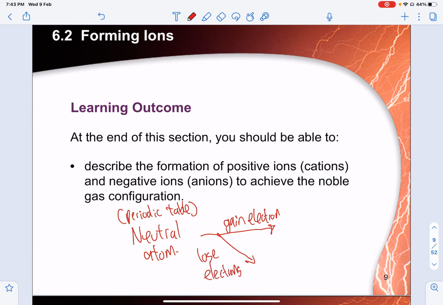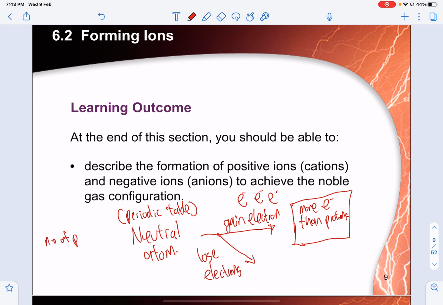By gaining electrons, you are gaining more negative charge. Why? Because in the previous chapter, we learned that electrons are negative. This will give rise to a situation where the atom will have more electrons than protons. Because if you remember, in a neutral atom the number of protons is the same as the number of electrons.